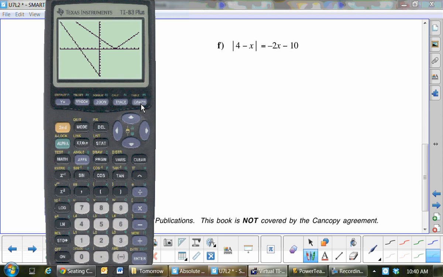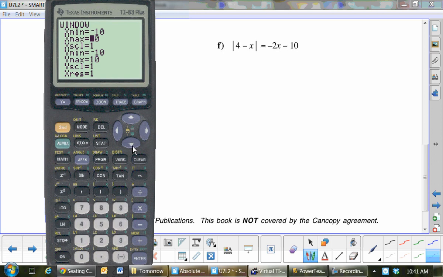Okay. Do you think these two will ever cross? I think so. They're not parallel, are they? So it's going to happen more up here somewhere, right? How do we find that spot? What do we do? Change the window. And what would I change? I think I need to see higher, right?